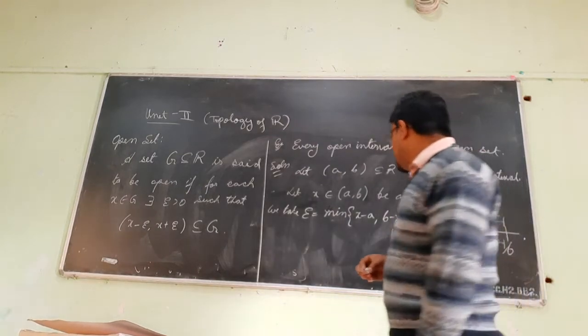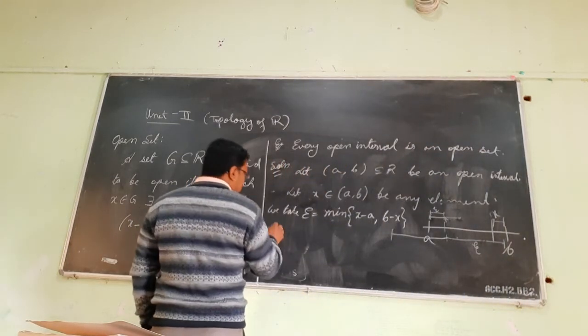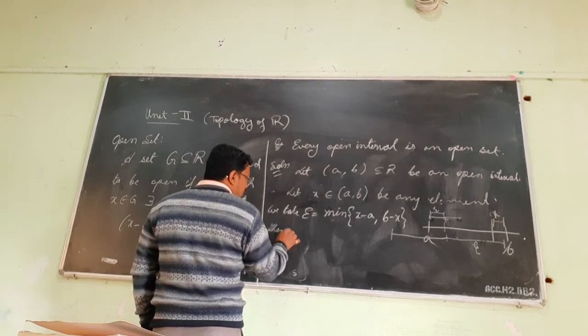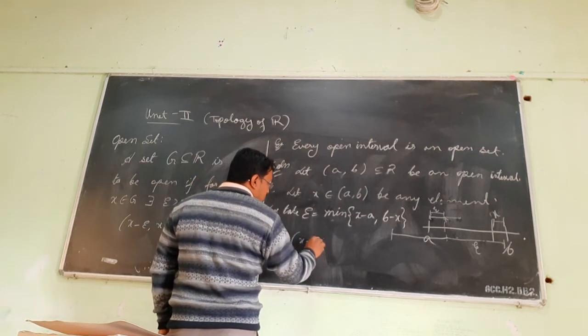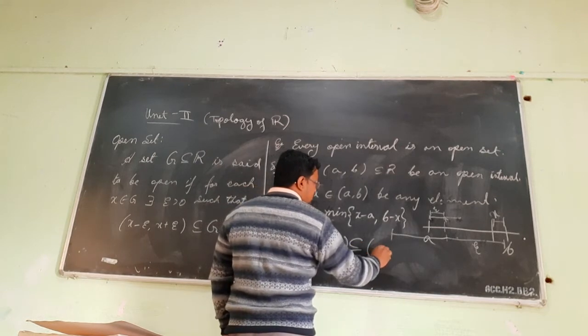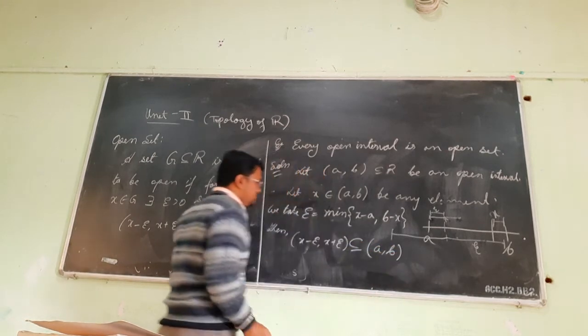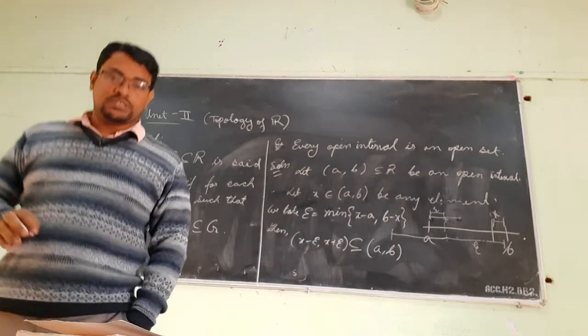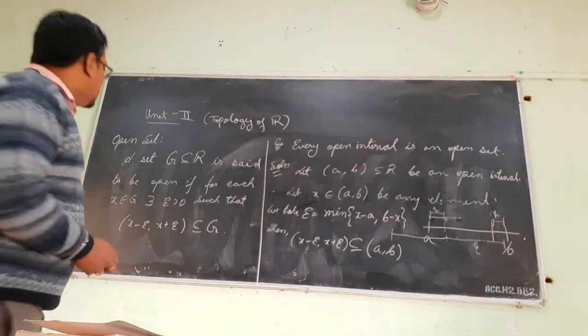Then this interval x minus epsilon to x plus epsilon is an interval which is a subset of (a, b). How this is a subset, we'll just justify.